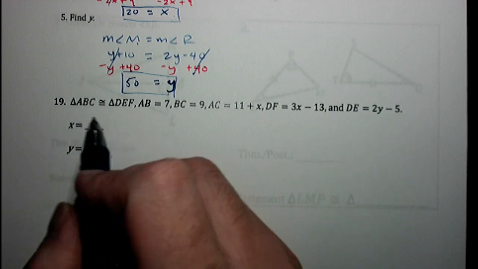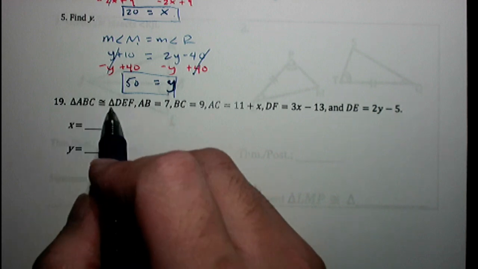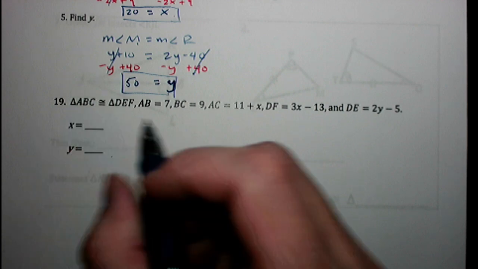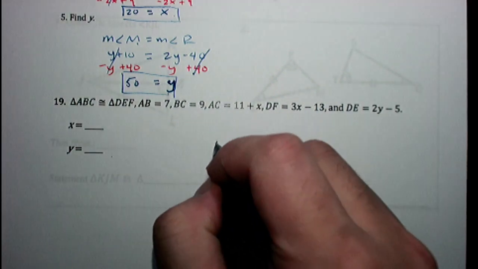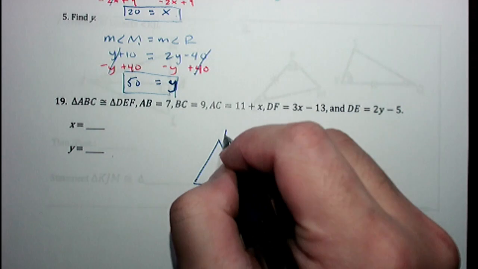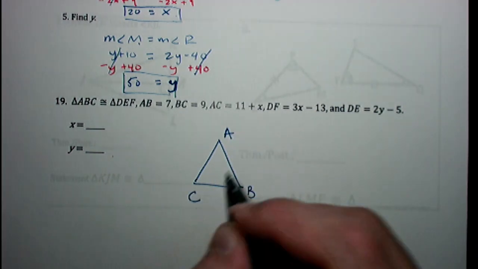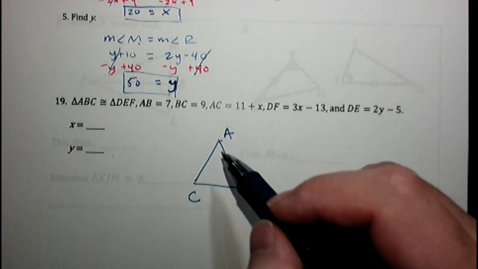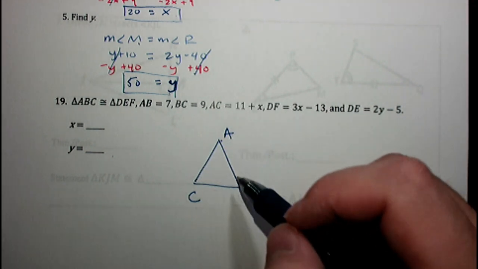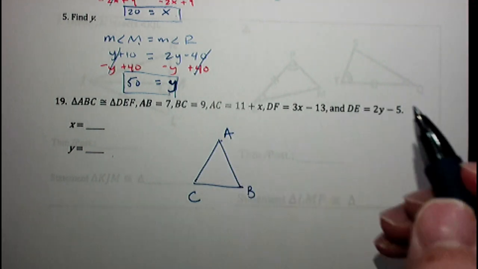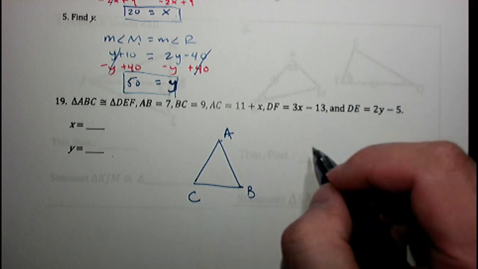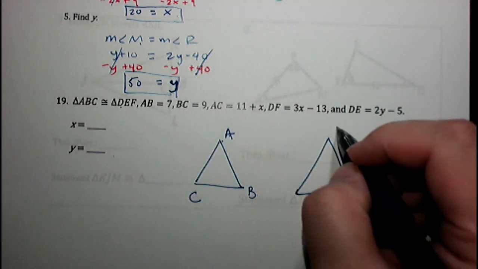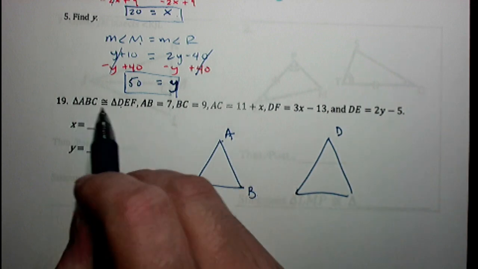So I know that these two triangles are congruent, so I'm going to apply CPCTC. I'm going to draw triangle ABC. So A, B, C. I'm going to start up top and then go clockwise when I'm drawing my figure and labeling it. So triangle A, B, C. And then here's triangle D. It's going to go up top like the A is.